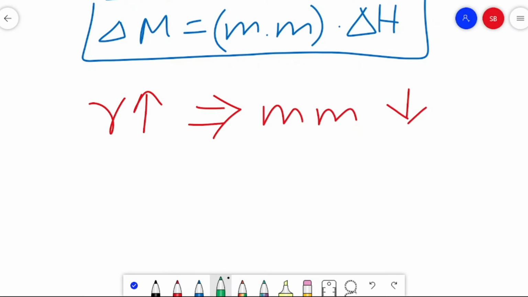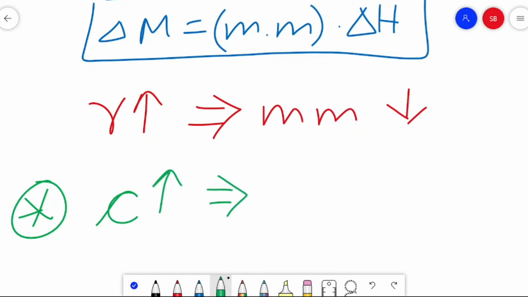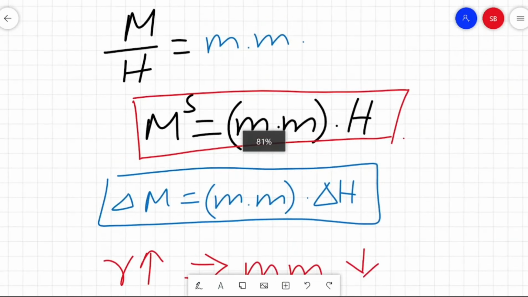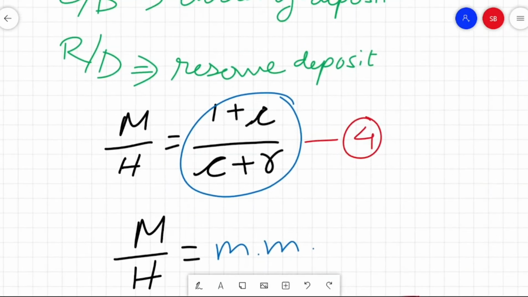Important is the next one that I'm going to discuss: if the public's desired cash ratio, that is small c, goes up, then what happens to the money multiplier? It is very important for you to understand and remember that here again the money multiplier. Now let's go back to equation number 4.